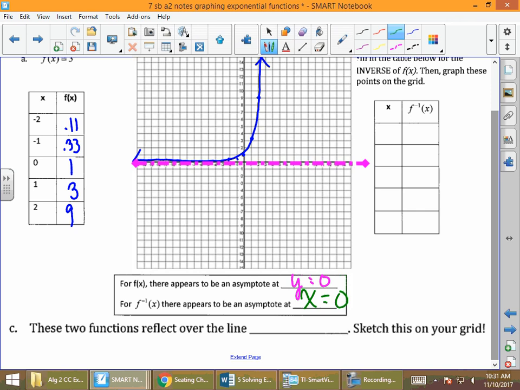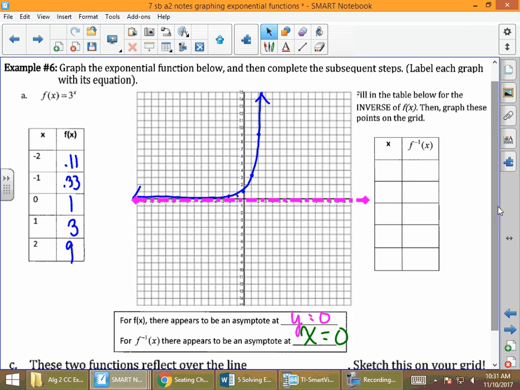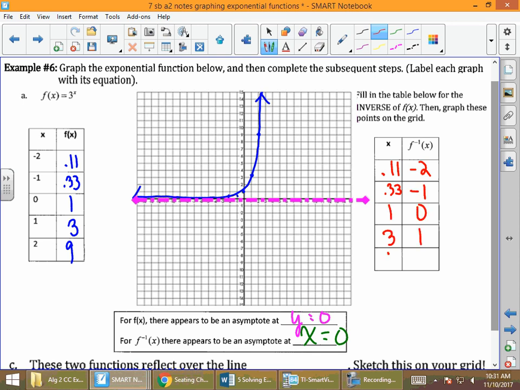And one of the reasons that I know is because 2 to the x and 3 to the x aren't very different. But what we're graphing here in the second one is just the inverse. We switch the x and the y. And then we're going to graph.